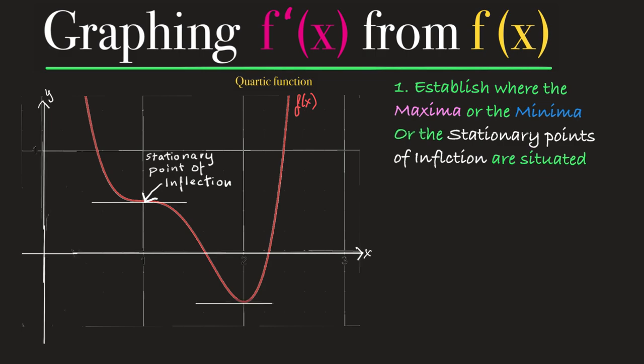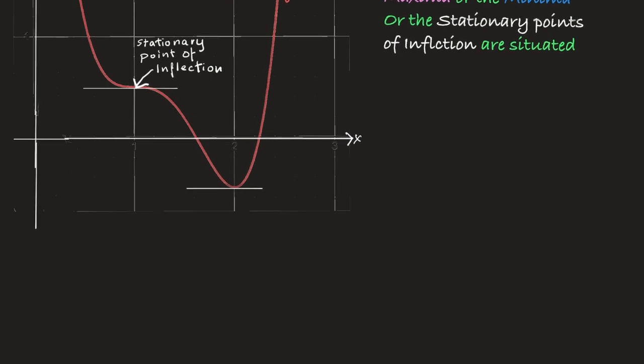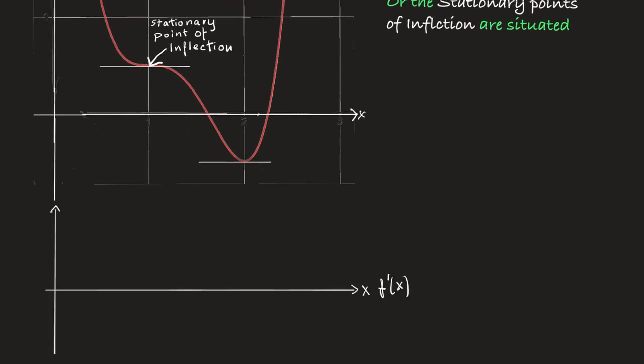Therefore, these points on our derivative function will be equal to 0. And by drawing a vertical line towards the derivative function, we can show you where the 0 points will be from the minimum and from the stationary points of inflection.